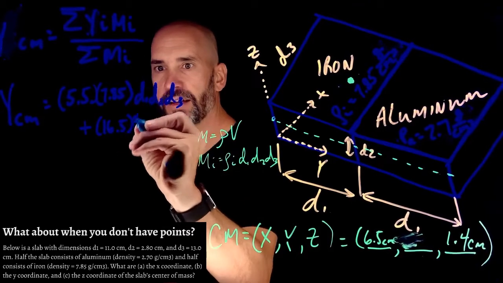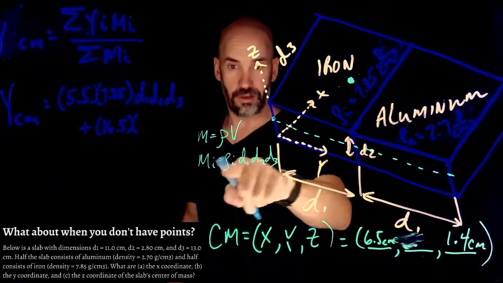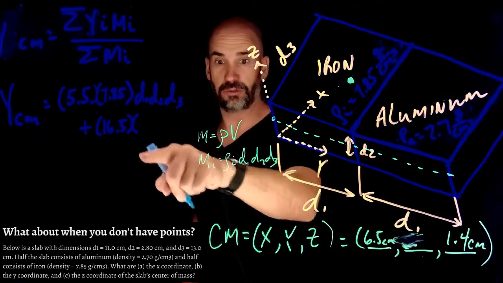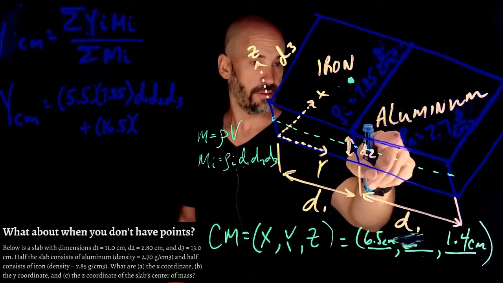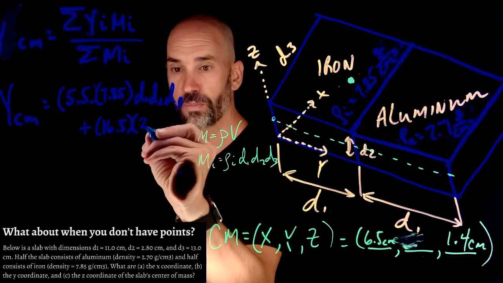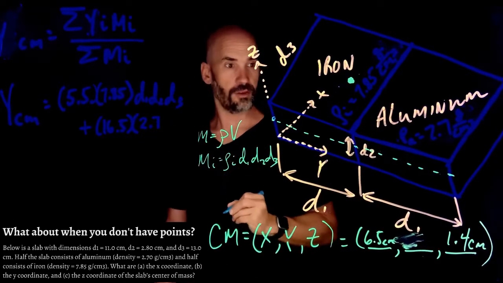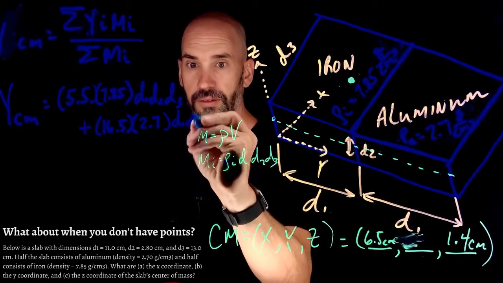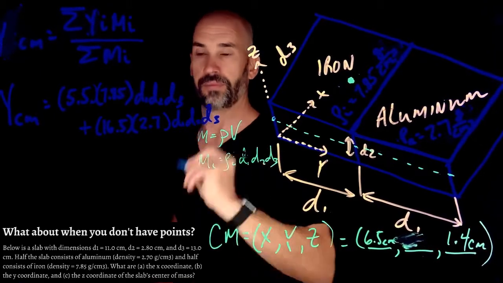So 16.5 times the mass of the aluminum, which is the density of aluminum, 2.7, times, again, D1, D2, and D3, the volume.